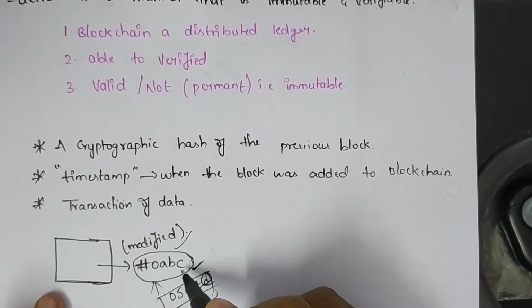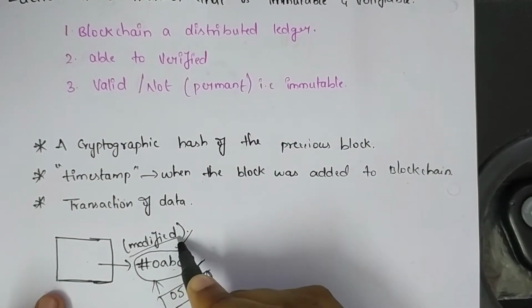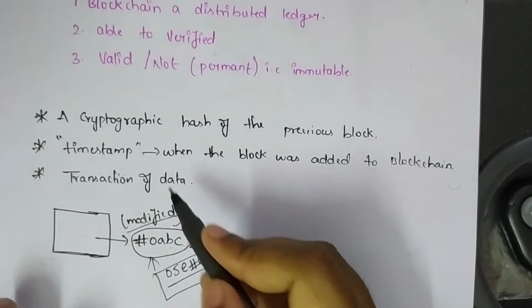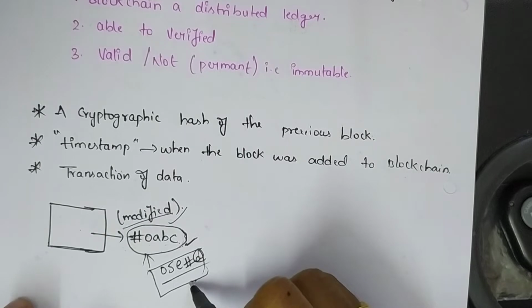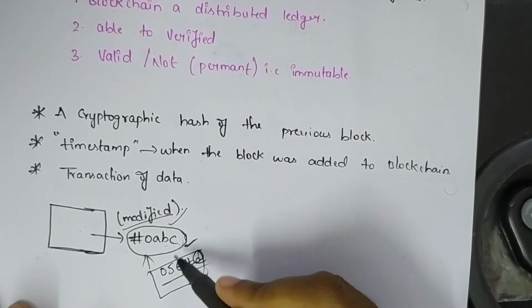For this block, the original hash is hash 0ABC. Now when you modify this block, the hash will be completely different from its original value. We can't identify it by its old value. The hash will be completely different from the old value.